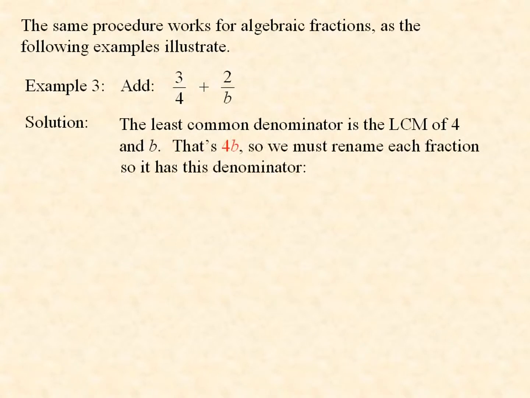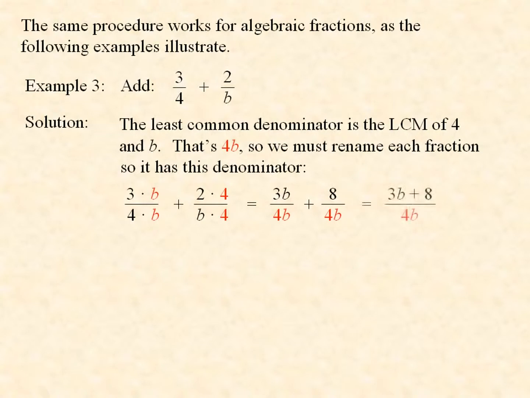So we must rename each fraction so it has this denominator. We multiply the fraction 3/4 by b over b, and the fraction 2 over b by 4 over 4, because then both fractions have the common denominator 4b. And then we add the numerators.